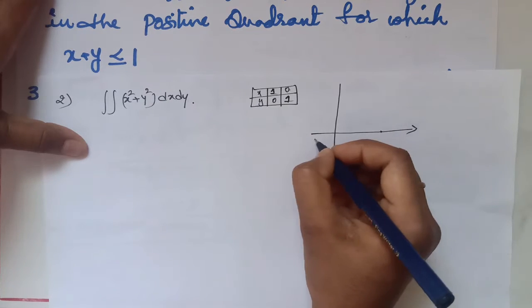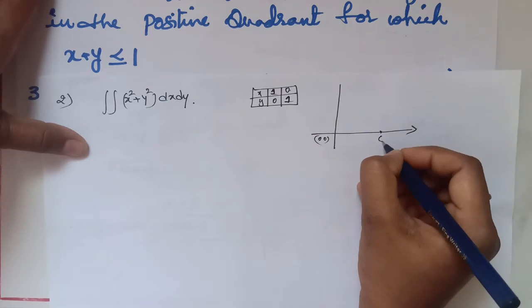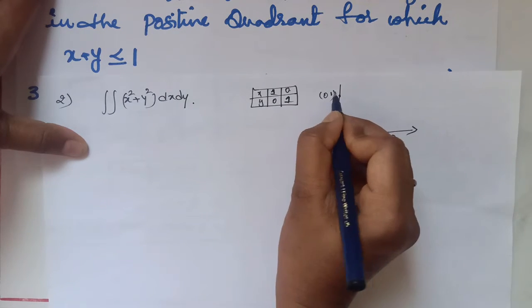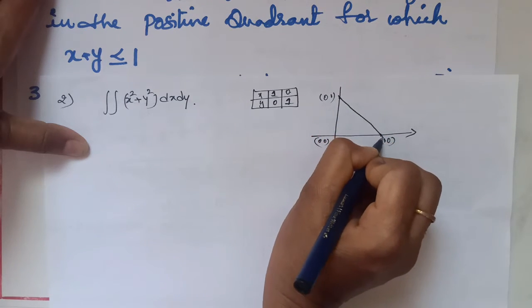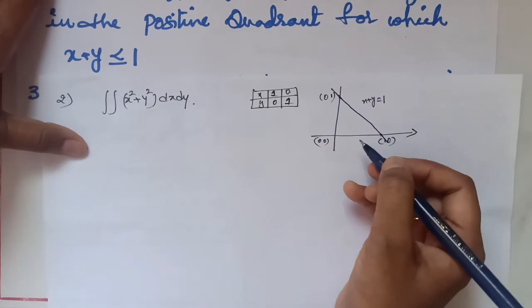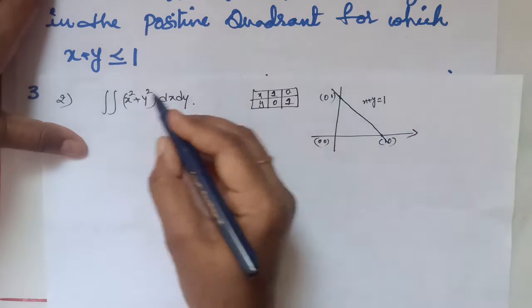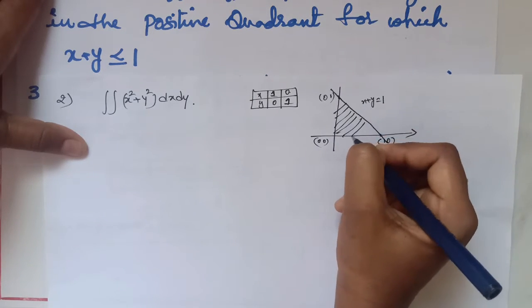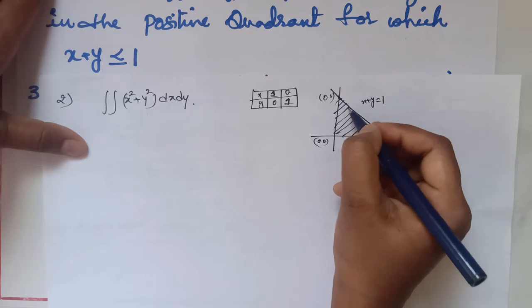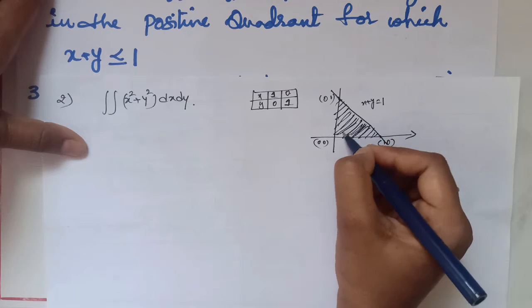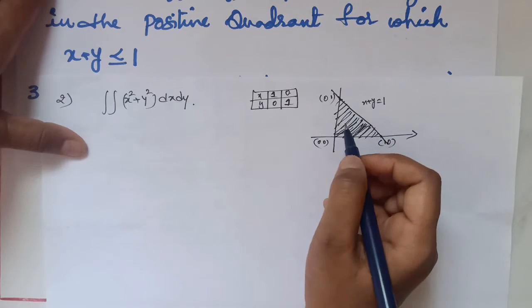Therefore this is the origin, this is (1, 0) and this is (0, 1), and this is the line x plus y equal to 1. We have to consider the region less than or equal to 1.